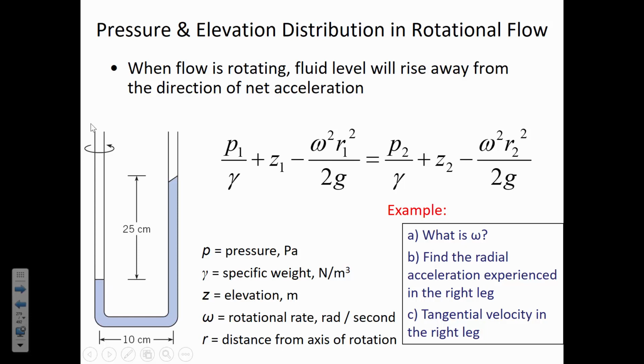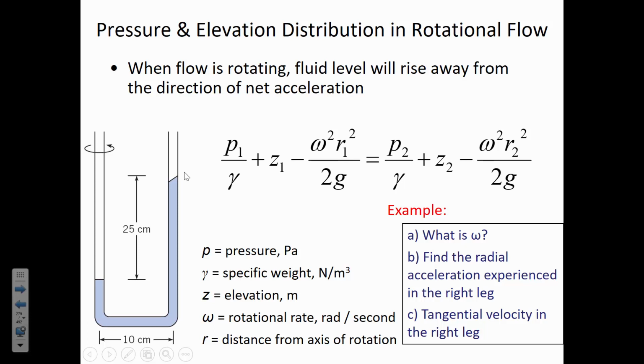We could use the top of the tubes as our elevation datum, but that wouldn't work well either because we don't know how tall they are above the liquid surface. But what would be potentially a pretty good Z1 would just be to say, let's have the water surface itself be our elevation datum. And in doing that, we can say that Z1 is 0, and that allows us to say Z2 is 0.25 meters.